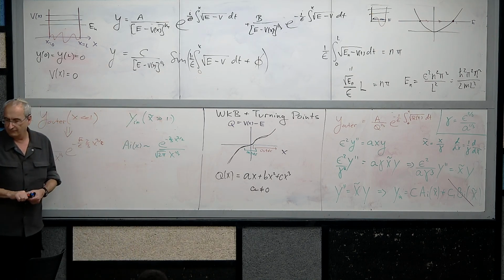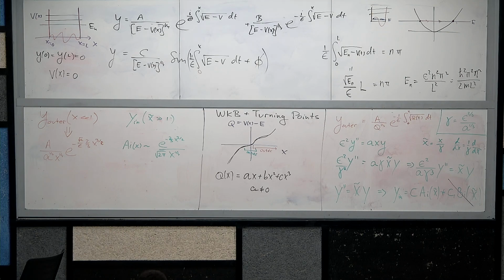Why is that? Because all the analysis we did for the Airy was, let me just make sure that I'm not putting the square root of 2 pi in the wrong place, although it doesn't matter by the way, it's just a constant.